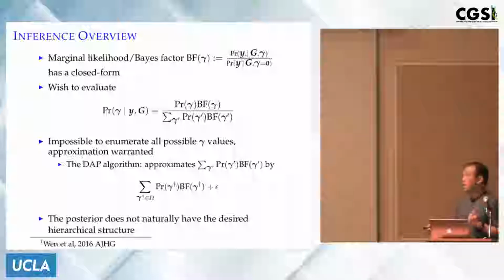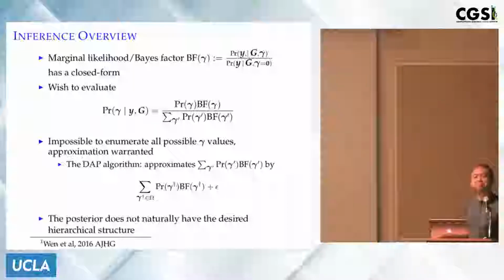Then if you apply the Bayes rule, all you need to compute is the posterior probability of gamma given y, the complex traits, and g. The probability of gamma is the prior, a logistic prior, which you should know how to compute. The likelihood is analytically computable, and then you just sum over all possibilities. It sounds very easy.